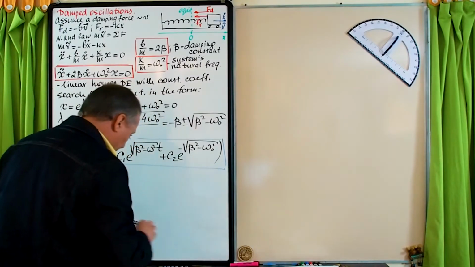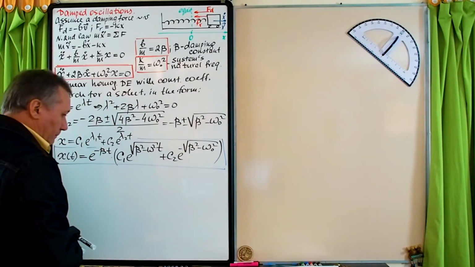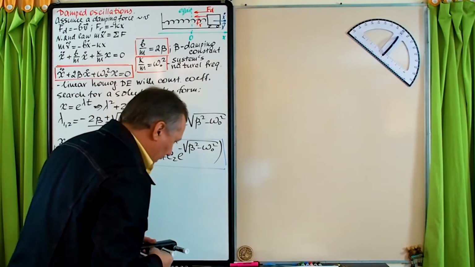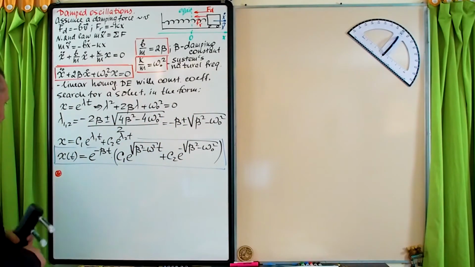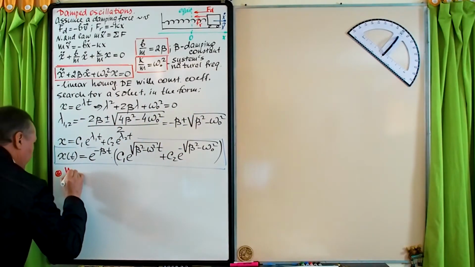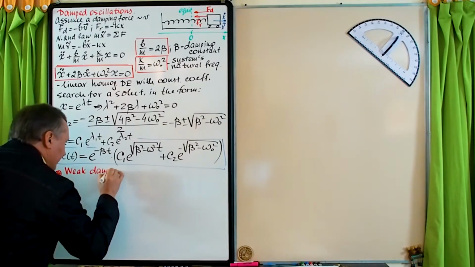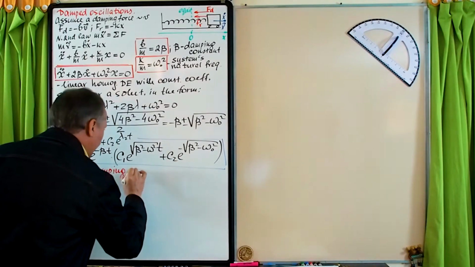All right, so let me put a big new bullet and label it weak damping. Basically it happens when beta is less than omega naught.